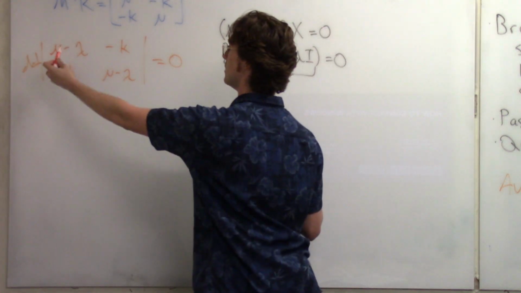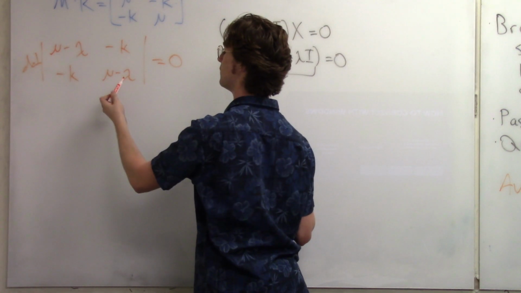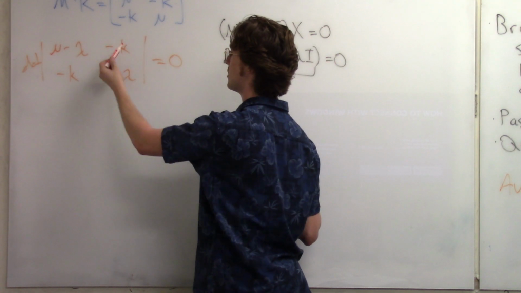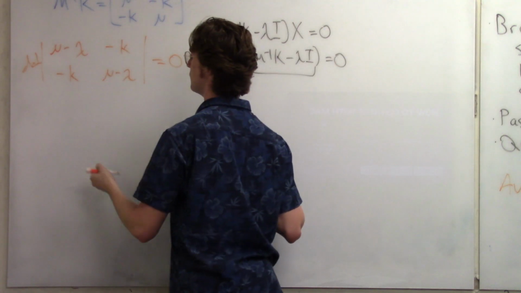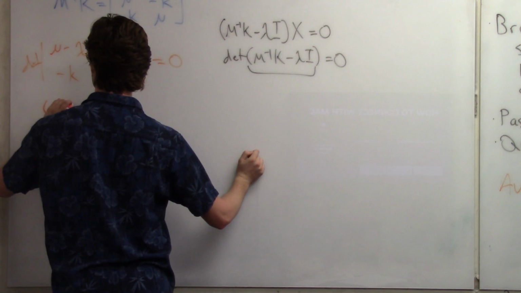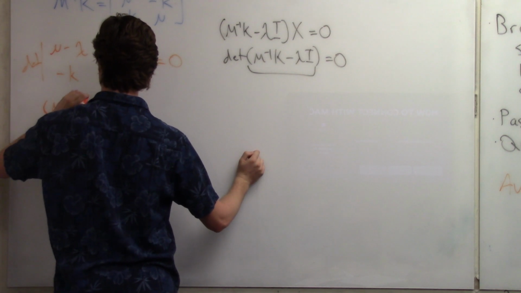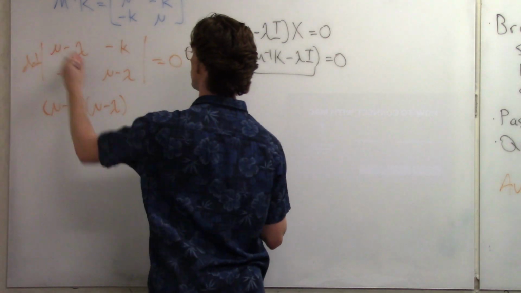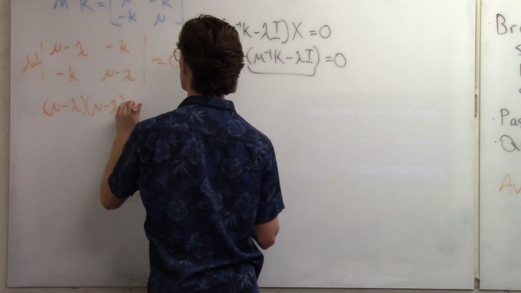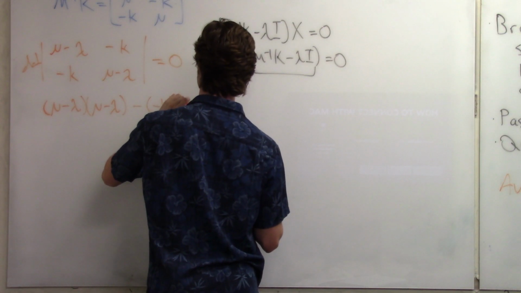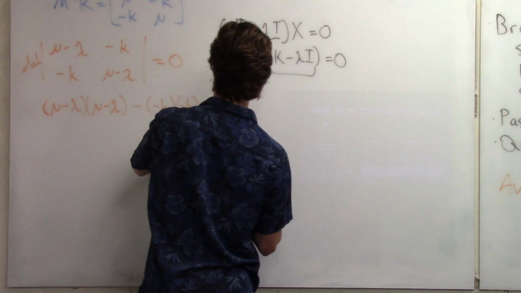The determinant is the product of the diagonal values minus the product of the off-diagonal values. So when you write that, you're going to have mu minus lambda times mu minus lambda, so far so good, minus negative k times negative k equals 0.